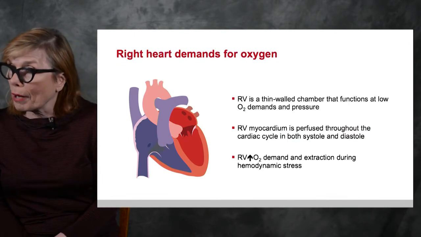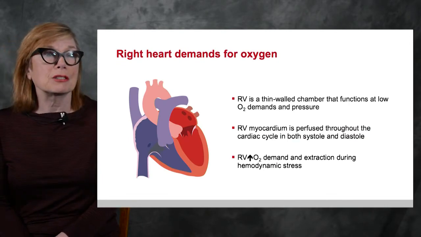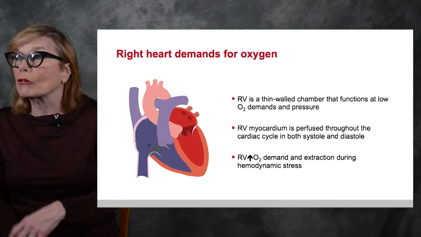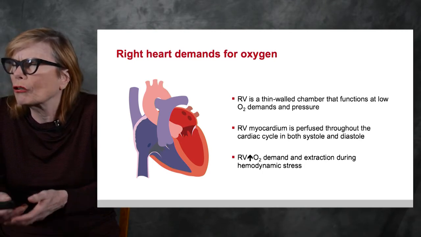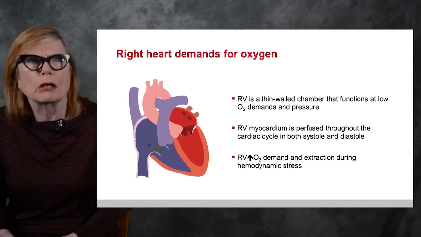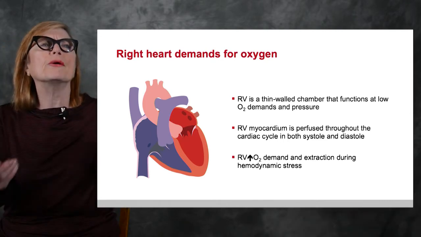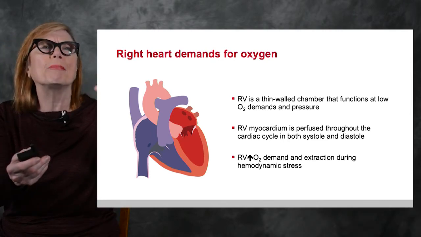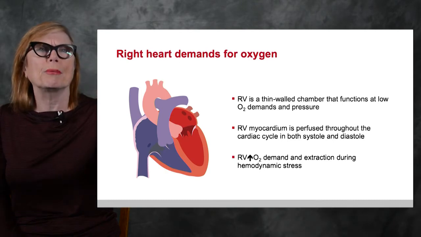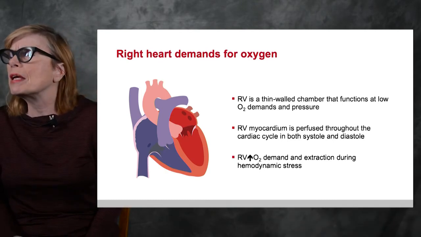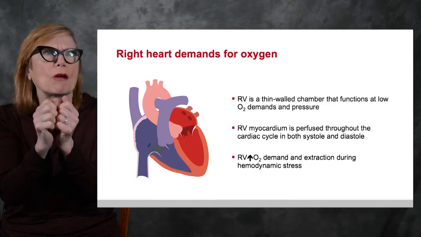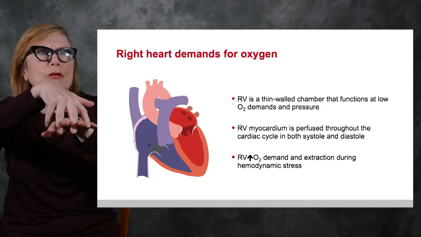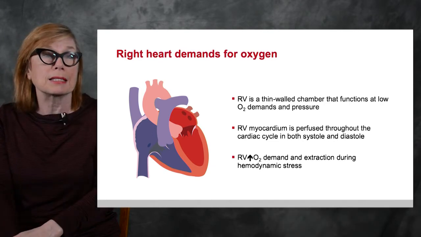Now let's talk about the right heart. The right heart demands for oxygen. The right ventricle is a very thin wall. It's very non-muscular. It's a lazy ventricle, just conduiting blood flow by very simple strategies up into the pulmonary vault. The RV myocardium, because it doesn't have to develop such tension on contraction, is perfused both on systole and diastole.